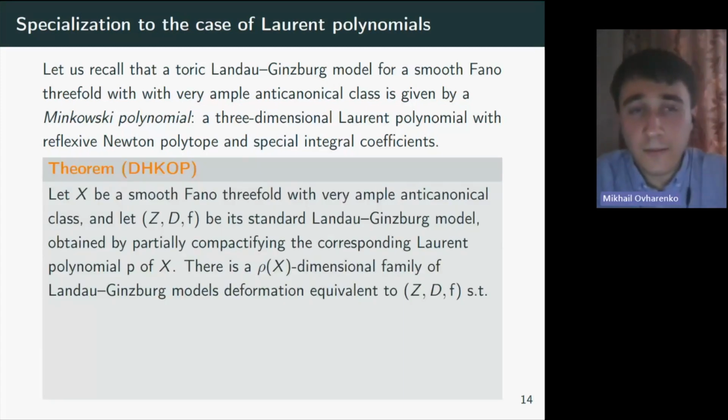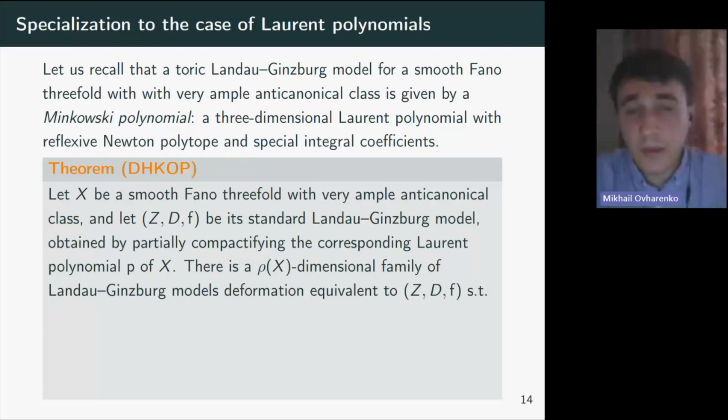Namely, let X be a smooth Fano threefold with a very ample anticanonical class, and let its standard Landau-Ginzburg model be taken after passing to a tame compactification. And let us assume that everything is obtained from the Laurent polynomial.